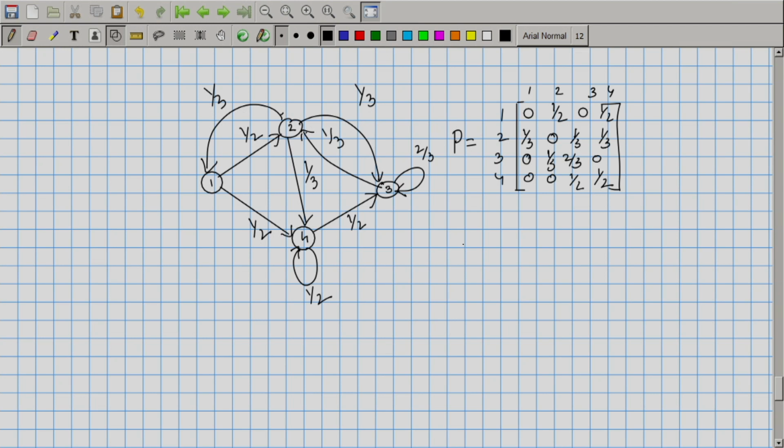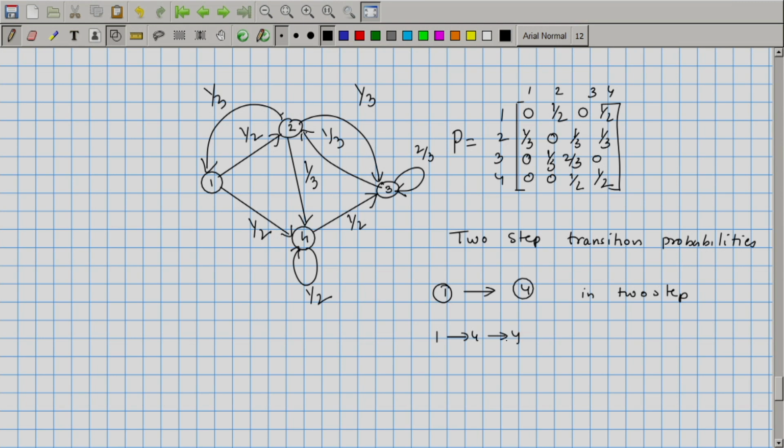Now, if you want to look at 2-step transition probabilities, then let us just look at one particular example. If you wanted to go from 1 to, let us say, 4 in 2 steps, you could either go from 1 to 4 and then stay at 4.